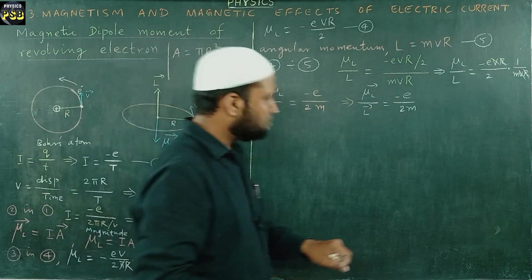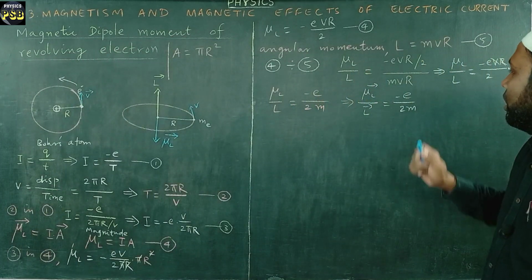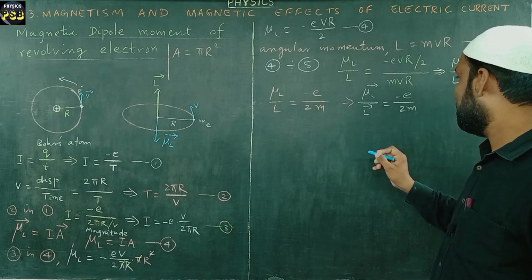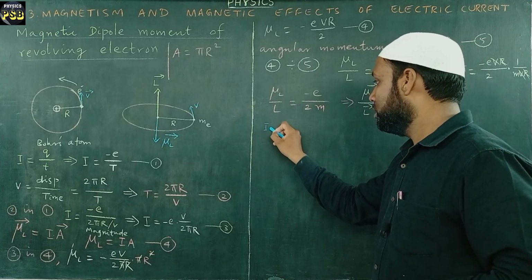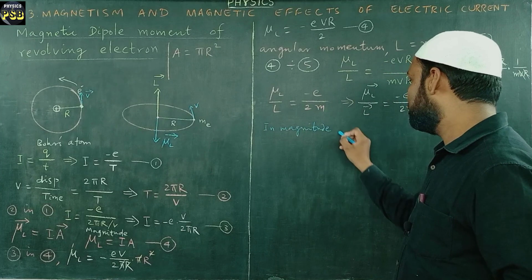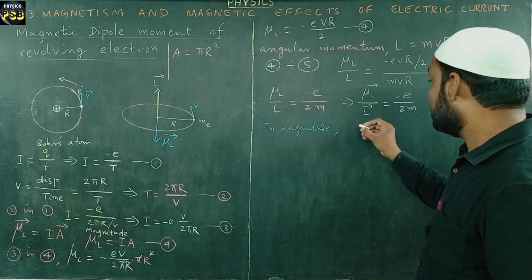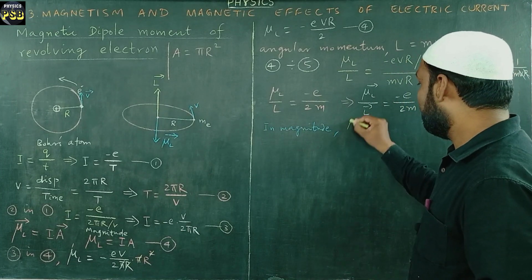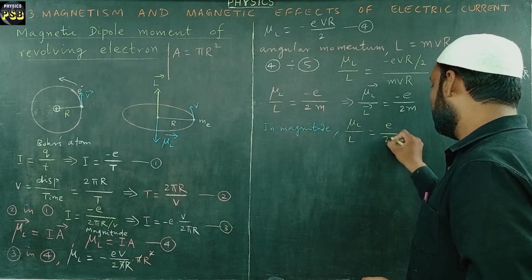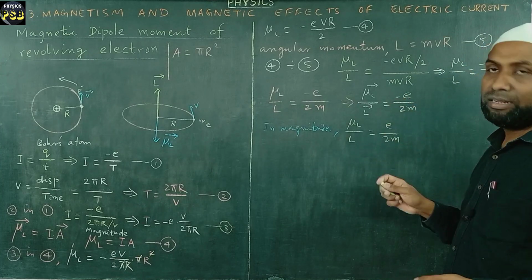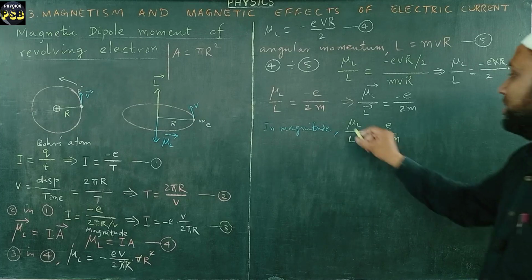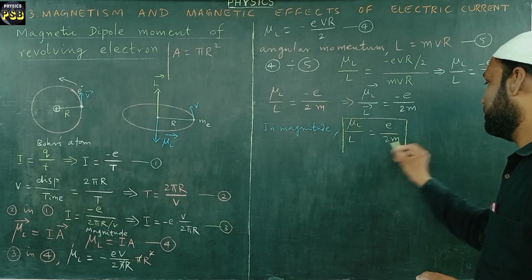So in magnitude, the above expression can be represented as μ_L upon L is equal to e upon 2m. Here you have to drop the minus sign while we represent this in magnitude.